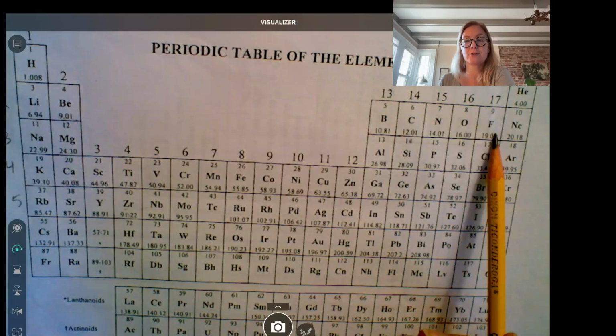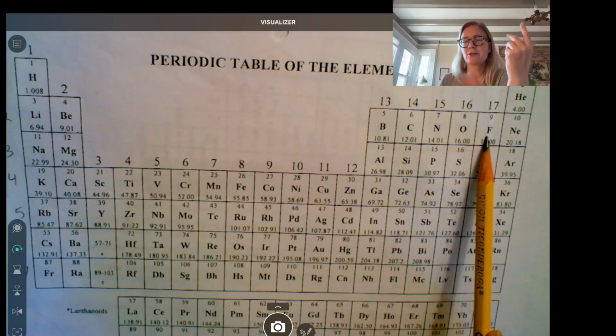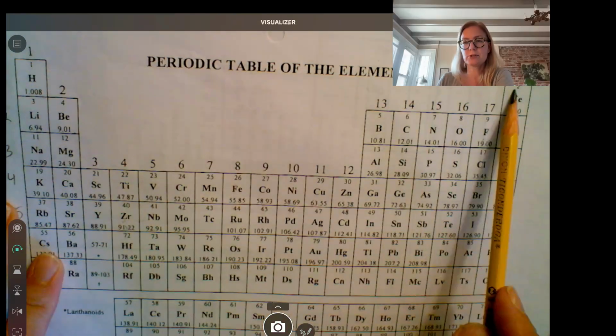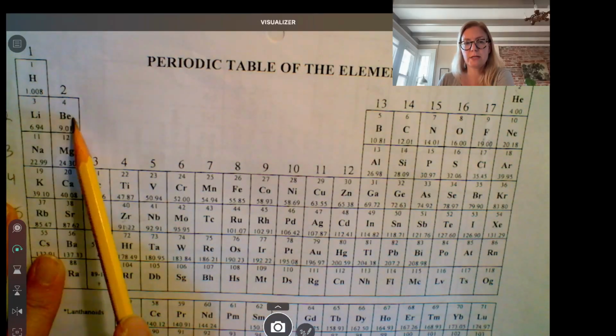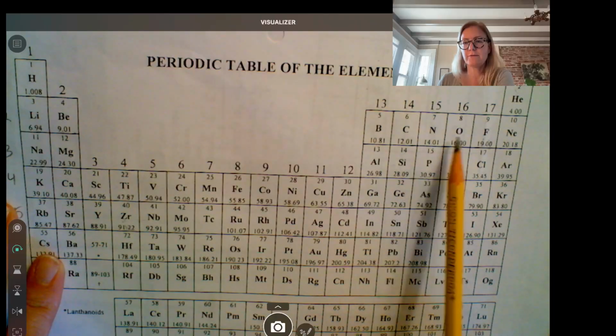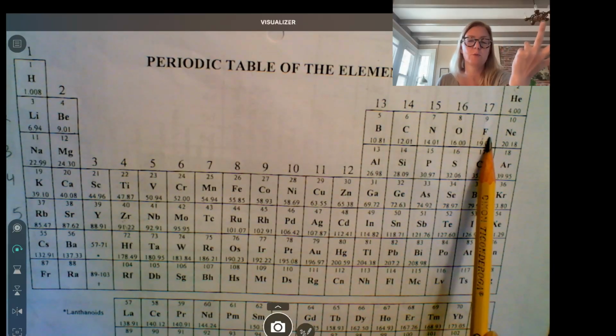It has 9 electrons, okay? So I'm going to use the periodic table as a reminder for the sublevels and how to get up to 9 electrons. So 1s2, 2s2, 2p, 1, 2, 3, 4, 5, 2p5. So it's going to be 1s2, 2s2, 2p5.